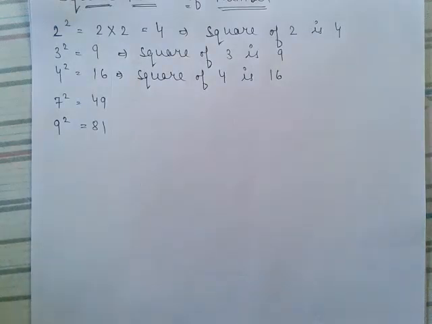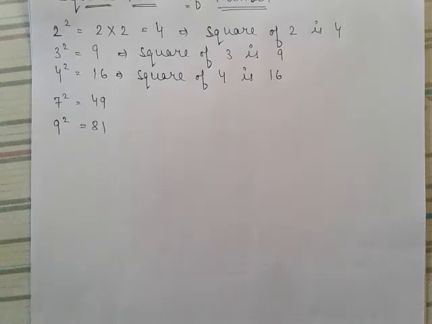These are the square numbers which you already learned and memorized. I know you memorized these numbers, and I know well that you learned the squares from 1 to 20. So if I say any number between 1 and 20, you can find the square of that number.